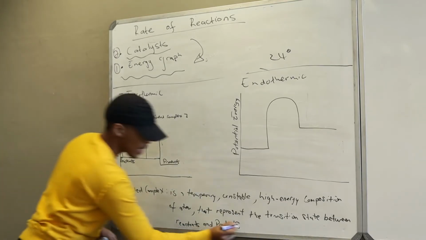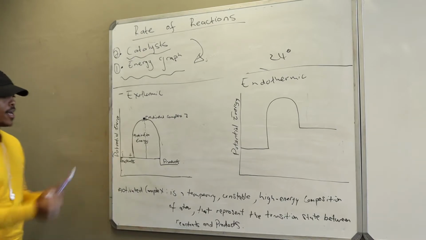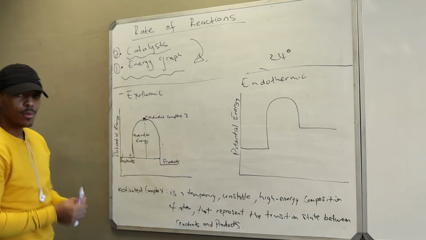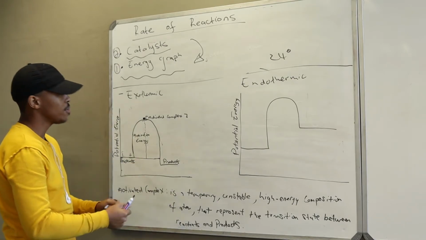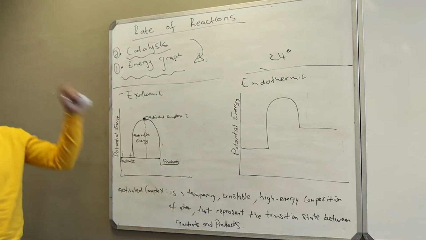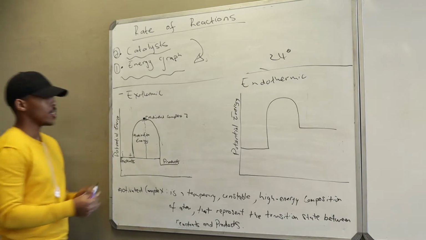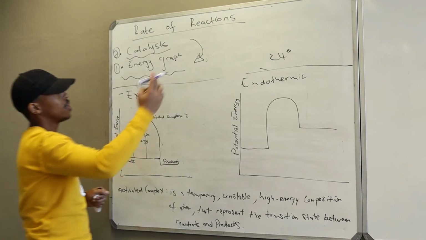Okay? That's activated complex. Again, temporary, unstable, high energy composition of atoms that represents a transition between reactants and products. Okay? So it's right in between there.